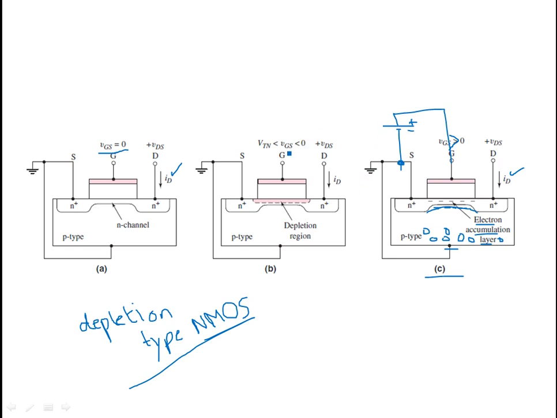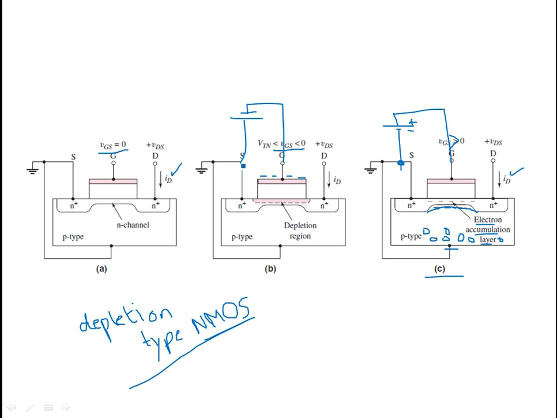For the other case, if VGS is less than 0, I mean the battery is connected such that you have negative charge on the gate metal, and the positive is connected with the source.